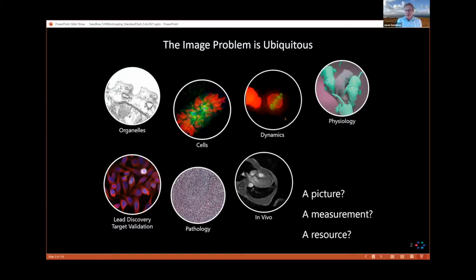And so that starts to raise a third type of use of this data. We talked about pretty pictures, we talked about measurements, and that's really this idea of a resource. So perhaps in my lab, I'm collecting time-lapse images of cells going through the cell cycle, and maybe you have a really important new tool that you've developed for analyzing those data.